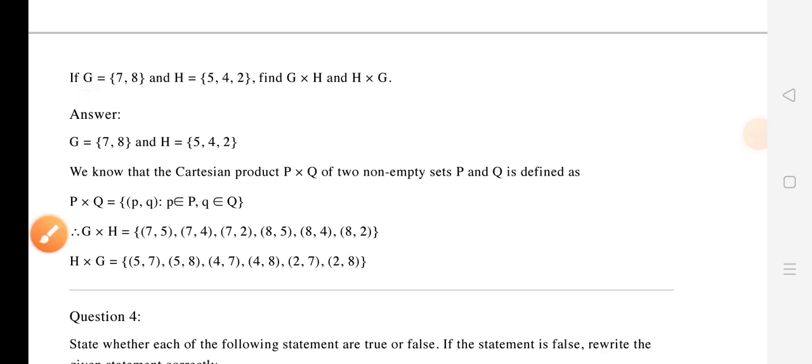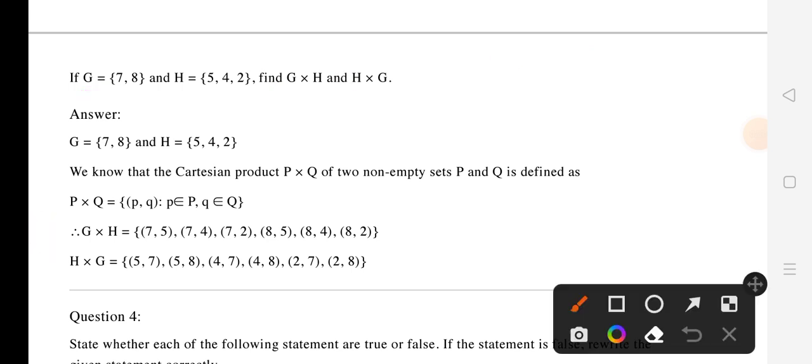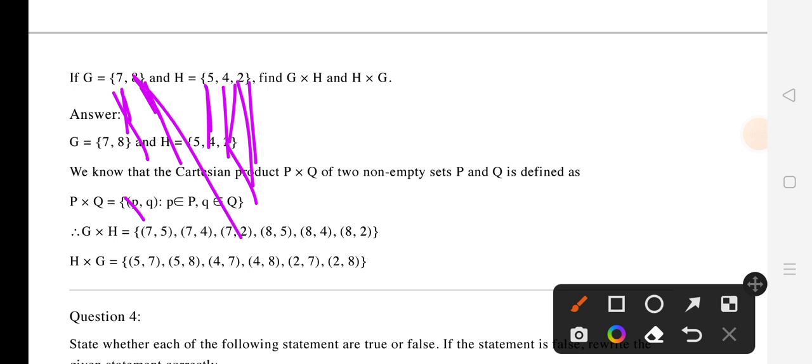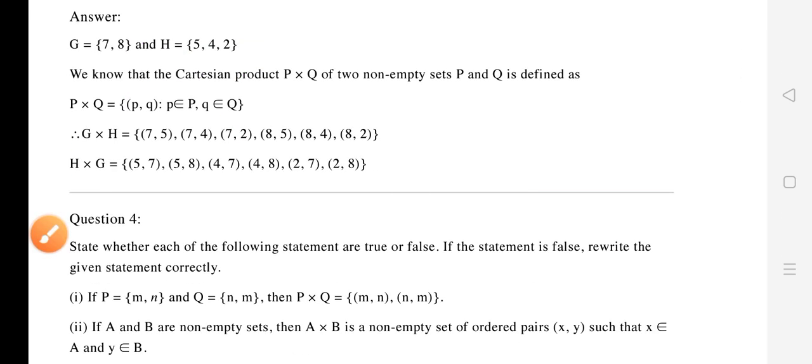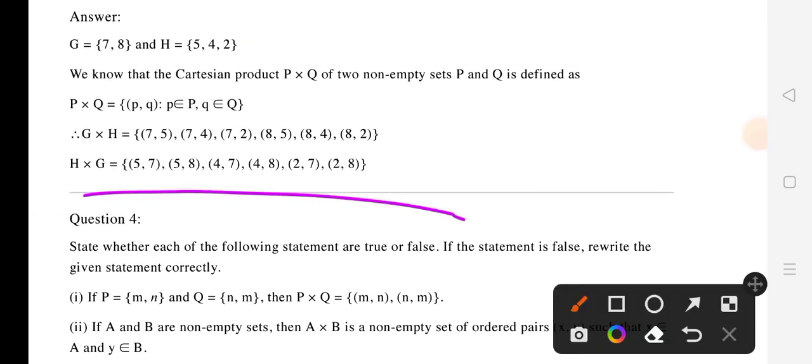P cross Q is the set of elements in the form (p, q), where p belongs to P and q belongs to Q. For G cross H, you can find the Cartesian product: (7, 5), (7, 4), (7, 2). Not multiplication, only ordered pairs we write: (8, 5), (8, 4), (8, 2). So it is a simple concept. In the same way you can find H cross G.